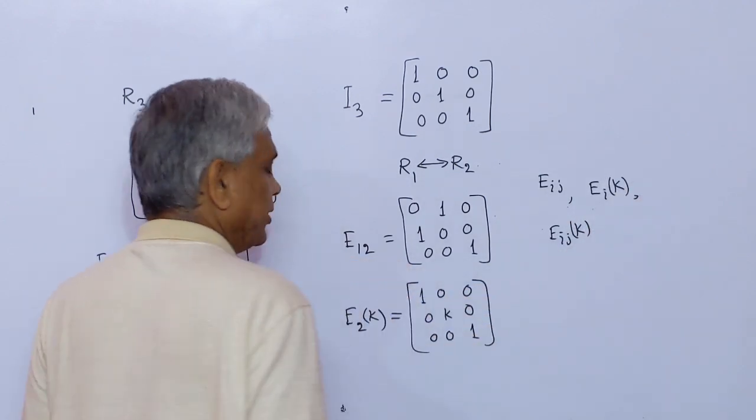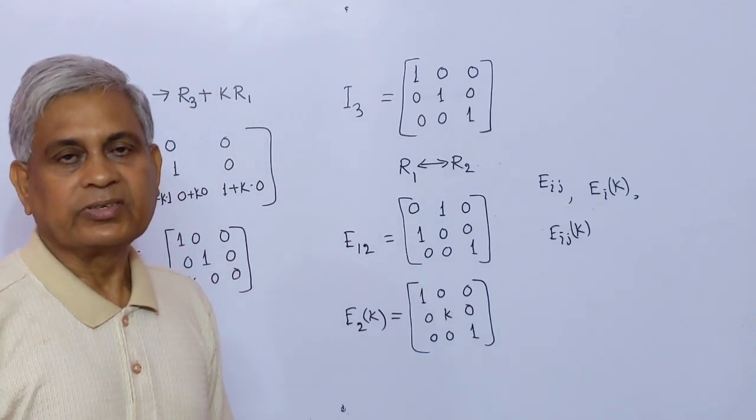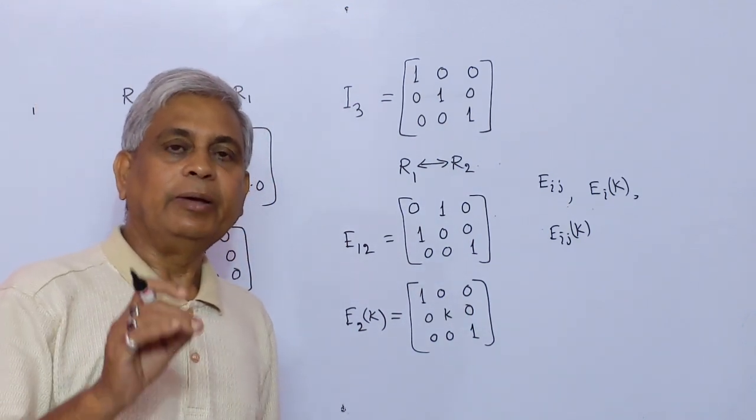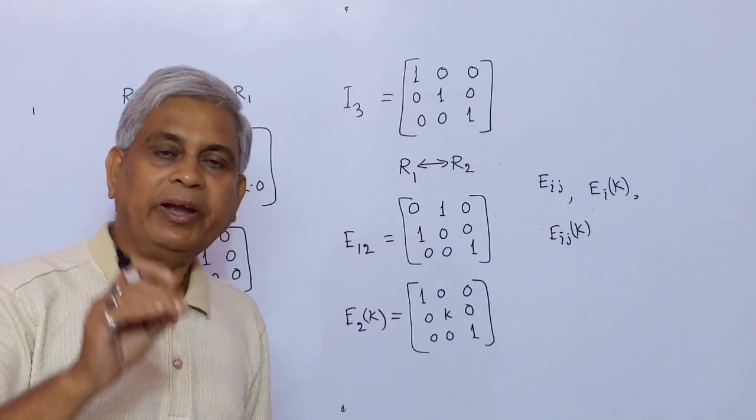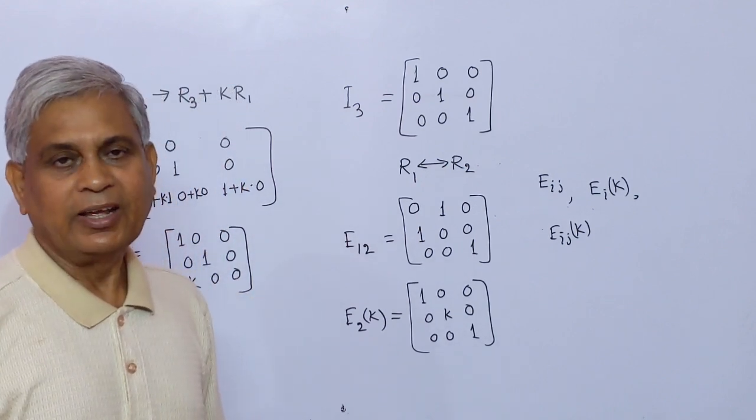These three types of matrices are known as elementary matrices formed by elementary row transformation.